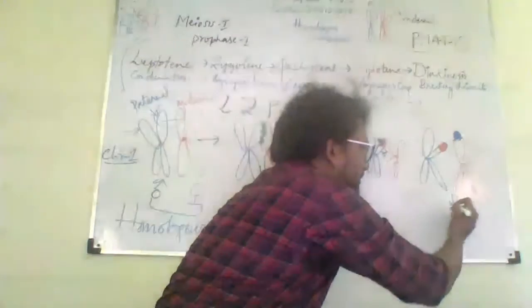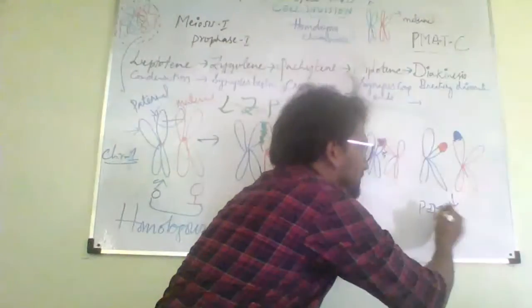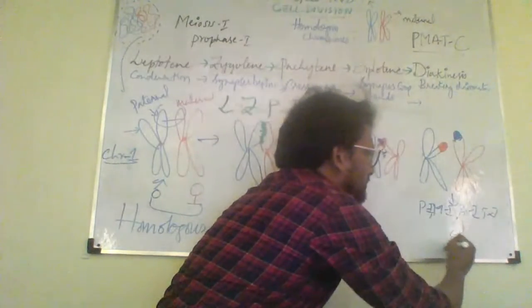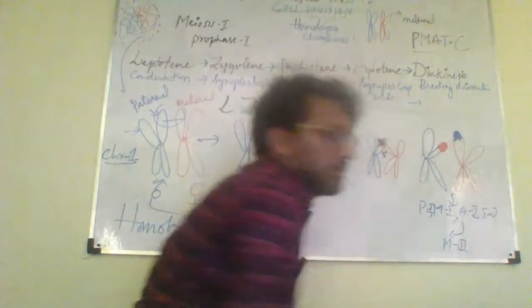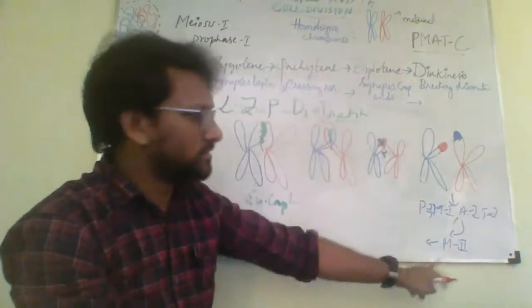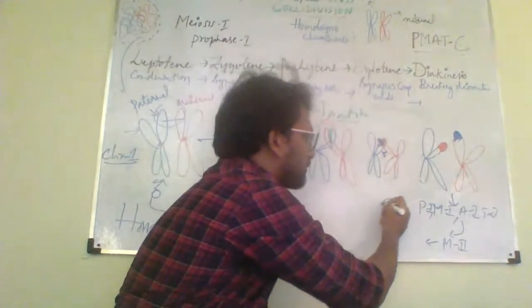It will pass into the next phases: P1 is done, then M1, A1 and T1, and then it enters into M2 phase. After M2, the final one, P-maxi, occurs, and at the end you will find 4 different cells formed.